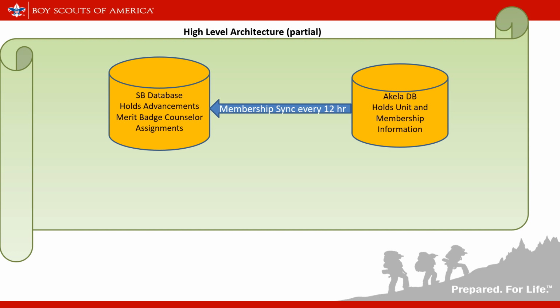It does not go in the Akela database, which holds the membership information. Every 12 hours, membership information is copied from the membership database, Akela, to Scoutbook so that Scoutbook has the information on who's registered and who is not.